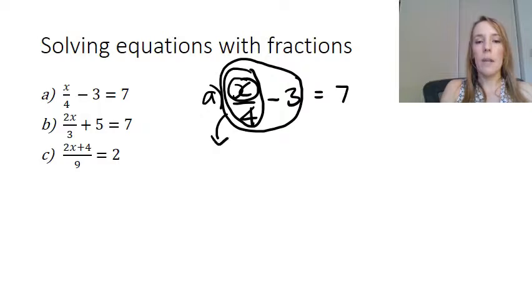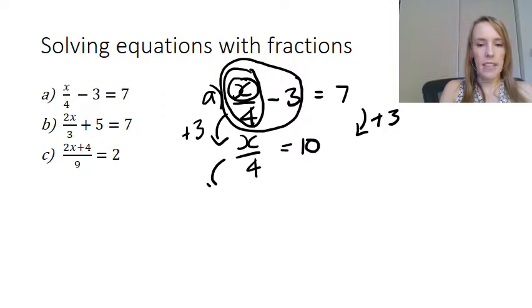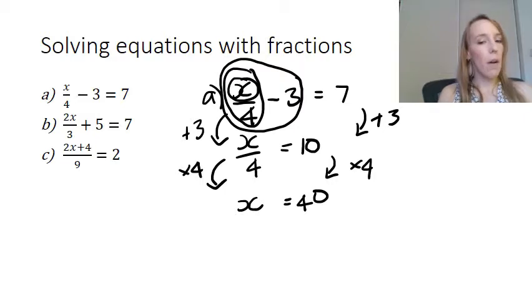So the first thing we need to do is add 3, because that's the inverse of subtracting 3. So it leaves us with x over 4 equals 10. And then to get rid of that 4, we do the inverse of dividing by 4, which is multiplying by 4. So x equals 10 times 4, 40. And that would be our solution.